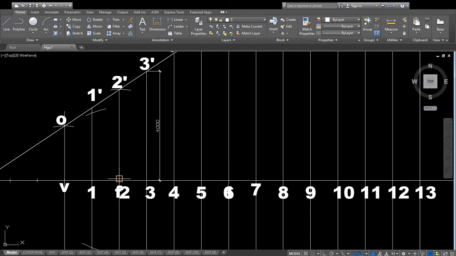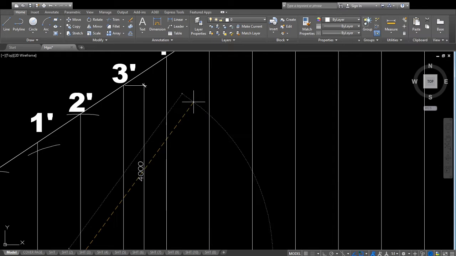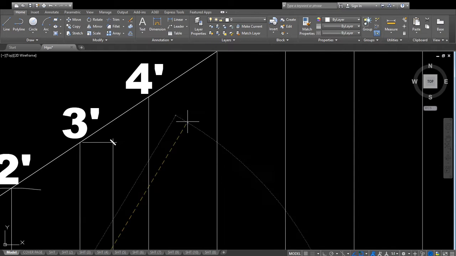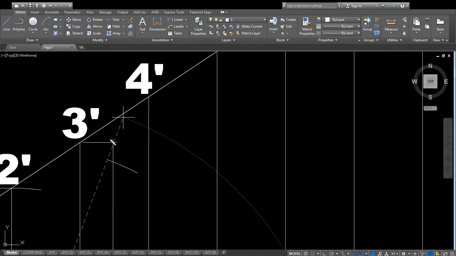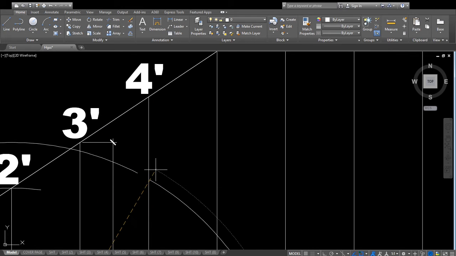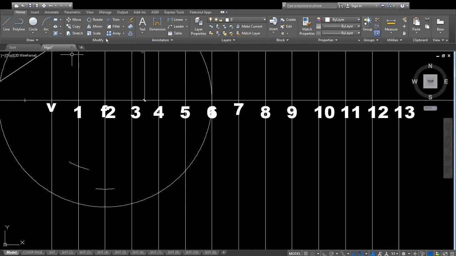So I'll come to this point now, and then I'll put my radius of 4,000. Now enter, and I'll have an arc this way. But I'm going to modify this so that you know exactly what our arc is.